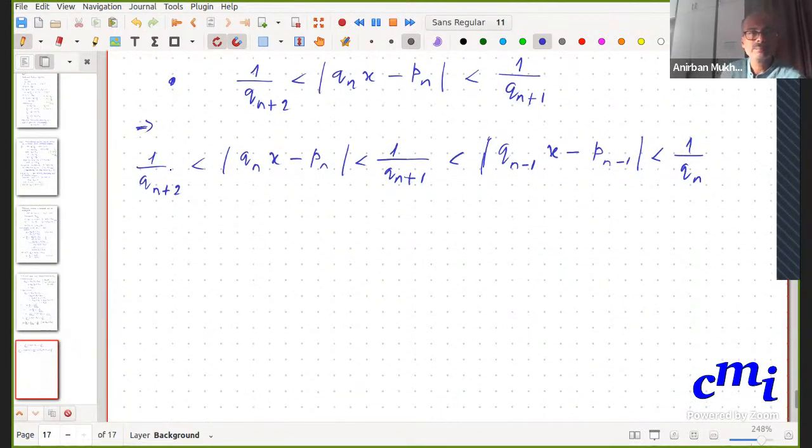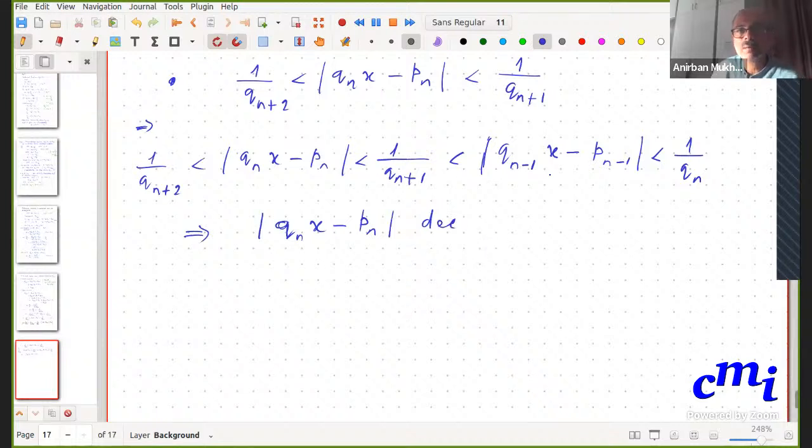Therefore, this Qn into x minus Pn, this quantity, decreases in absolute value. Let's put the absolute value, otherwise it actually changes sign. So this decreases as n becomes bigger.